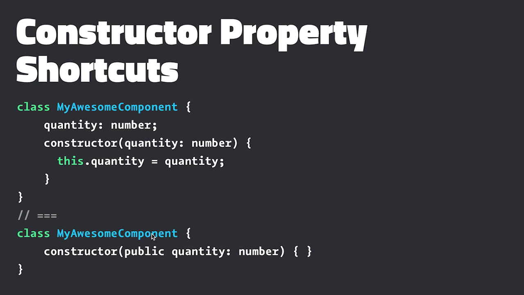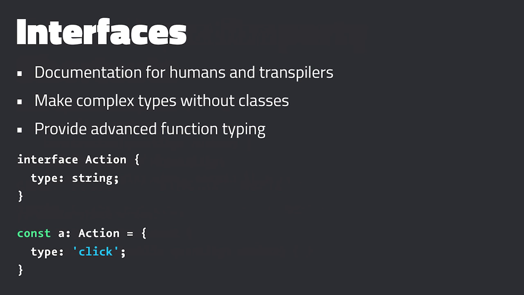In TypeScript, you can actually just put the accessibility modifier, public, or protected or private, depending on what your actual needs are, the name of the property, which also happens to be the name of the parameter in the constructor, and its type. And behind the scenes, TypeScript will actually take this bottom form and turn it into the top form. So you can see there's a big savings in boilerplate there, and it becomes pretty nice to work with when you get used to it.